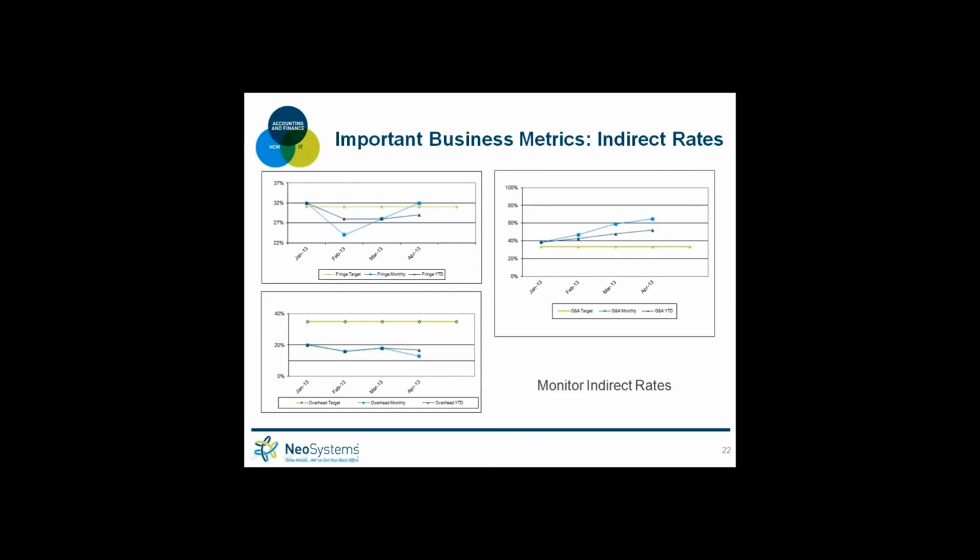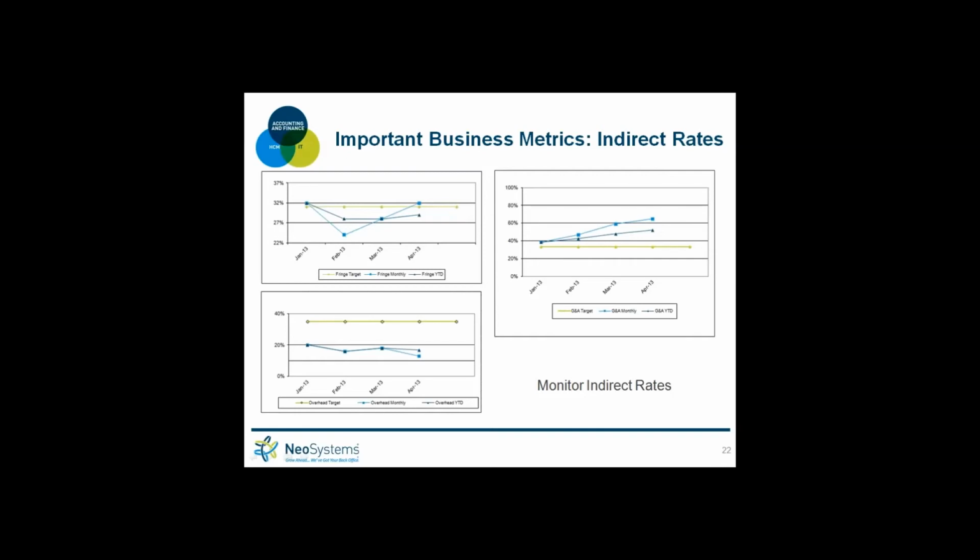Another good metric to use is your indirect costs, or your indirect spending. That would include all of your health benefits, office expenses, legal expenses, rent expenses, and that sort of thing. For those that have been with us through the GovCon series, we've gone into indirect rates and what they mean, what builds up a fringe rate, what builds up an overhead and a G&A rate.